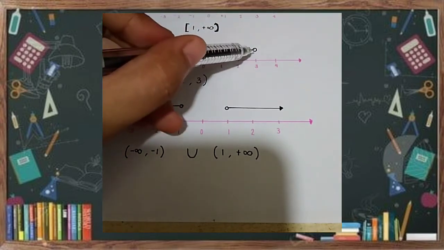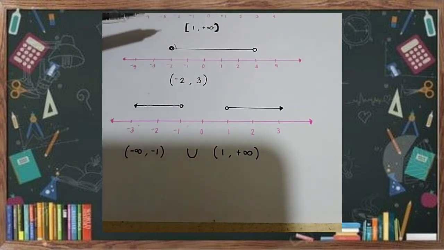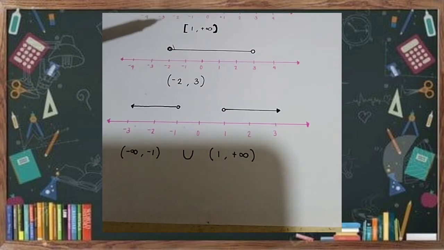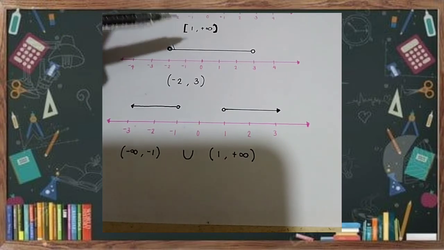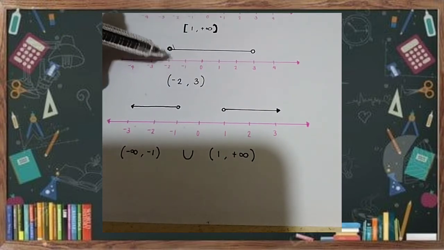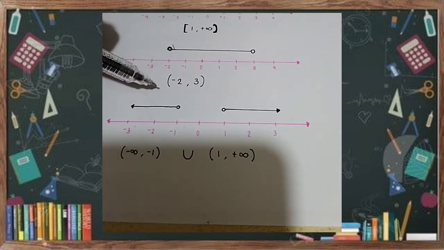So, ibig sabihin yung mga numbers na dyan ang pwede dun sa ating rational or any inequality para magkaroon tayo ng solutions doon. Okay. So, yan. So, once na sinulat natin siya into interval notation, ay ganito.